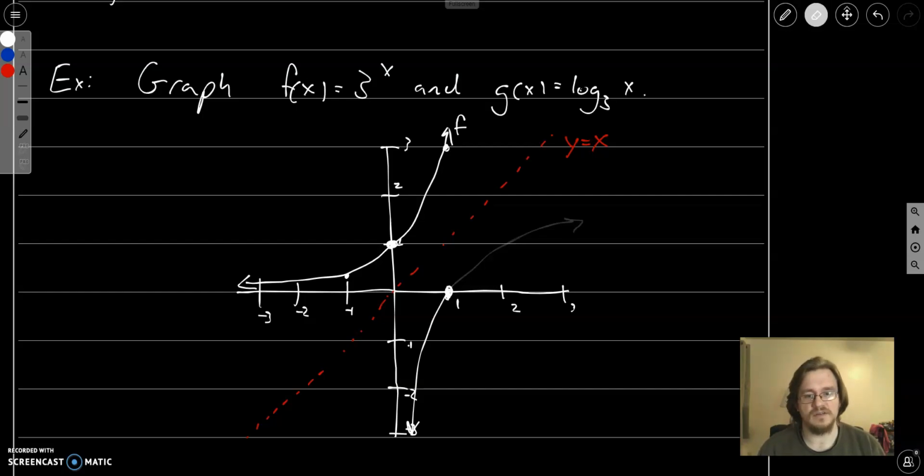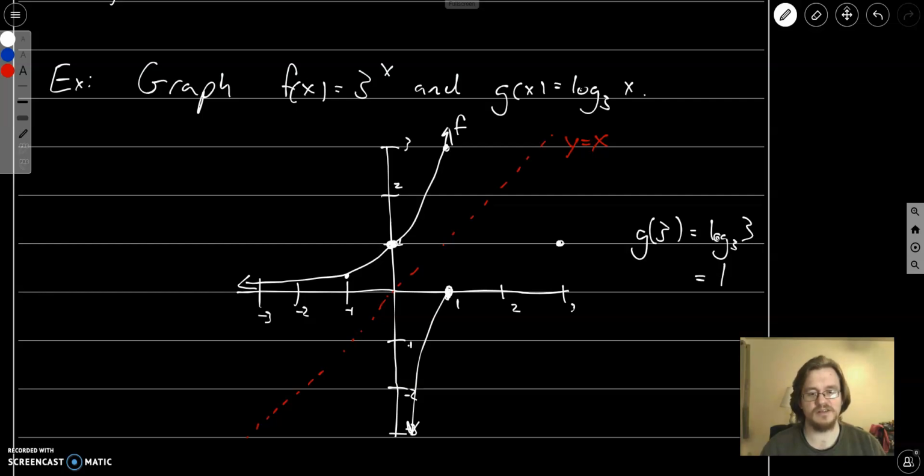And in fact, I can do this a little bit better because we know the following: g of 3 is going to be log base 3 of 3, and log base b of b, it doesn't matter what that b is, this is always going to be 1.